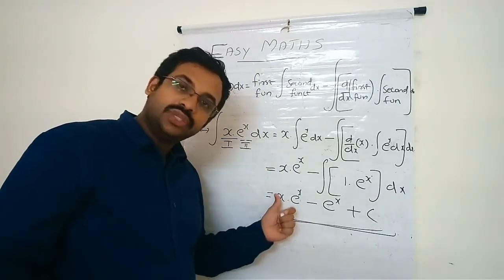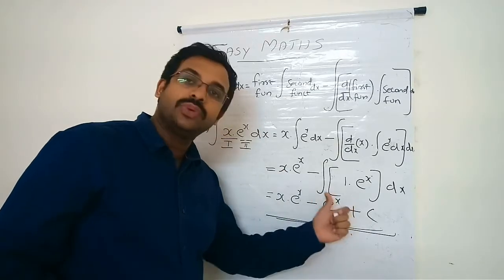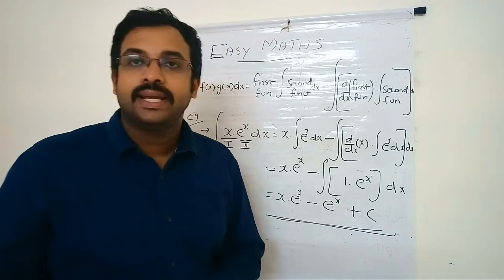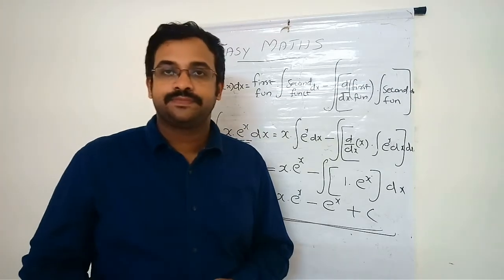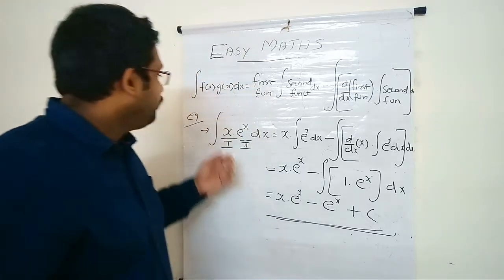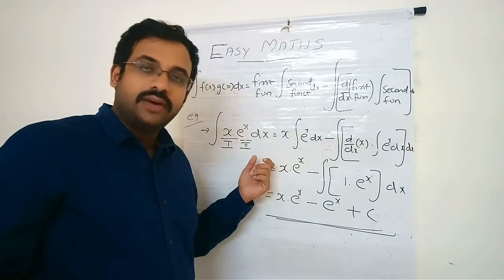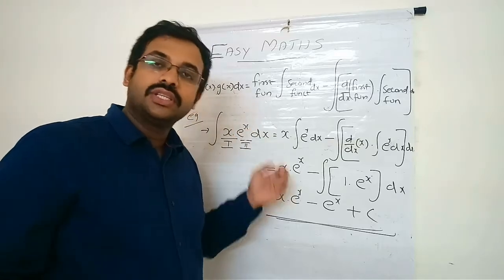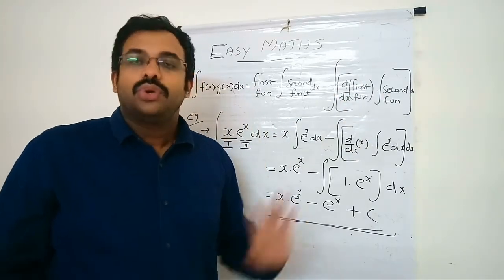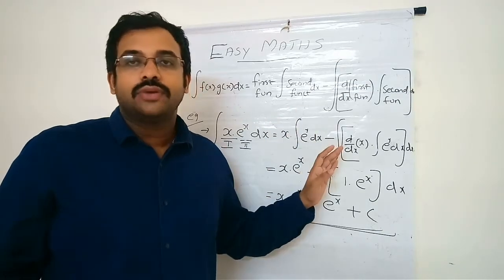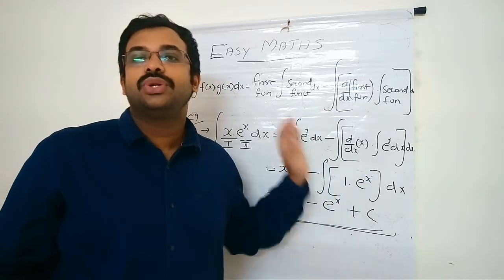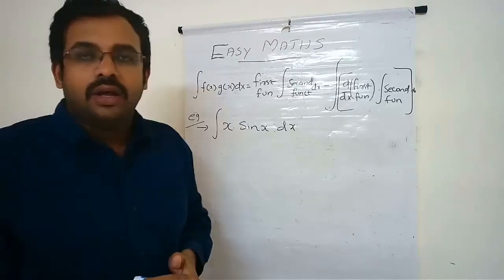That is x into e raised to x minus e raised to x plus c. So this is how we apply integration by parts or the ILATE method. After selecting first function and second function, apply this formula and integrate: first into integral of second minus integral of derivative of first into integral of second.